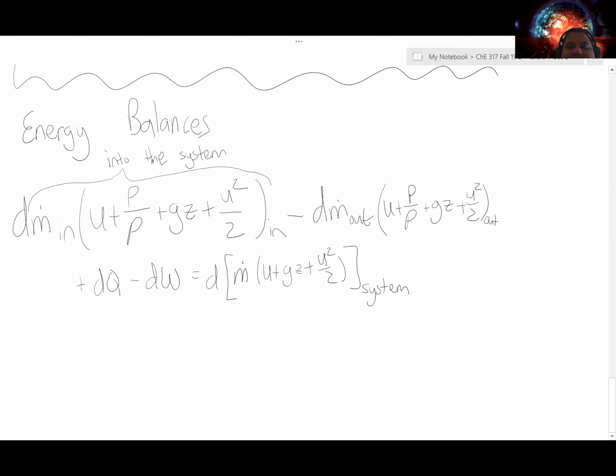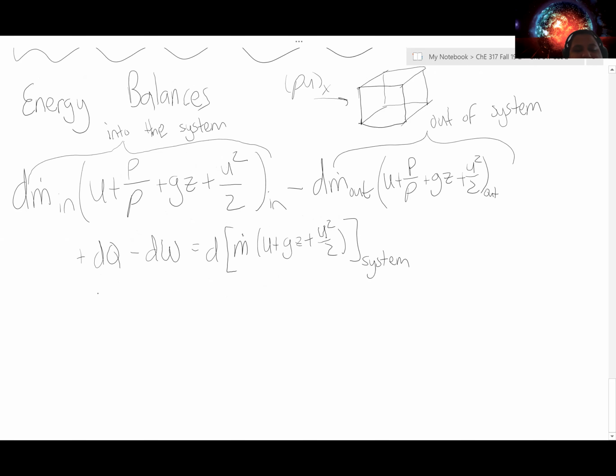And if you want, we can look at that same magic box, volume element, however you want to call it, where we have some fluid moving in, but now that fluid's bringing energy. And we can also have energy being removed from the system associated with mass moving out of the system.